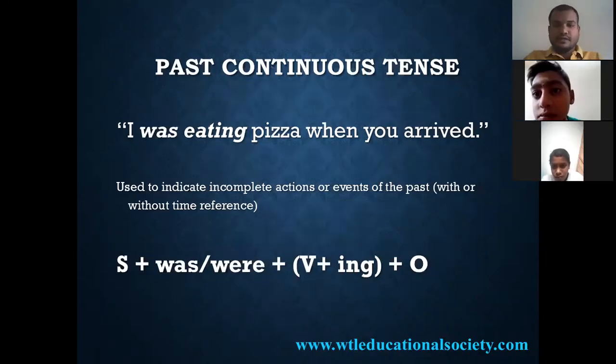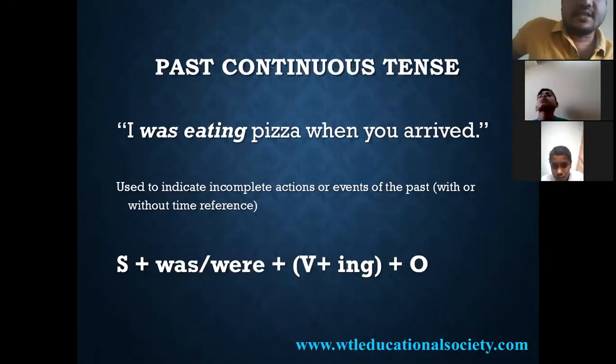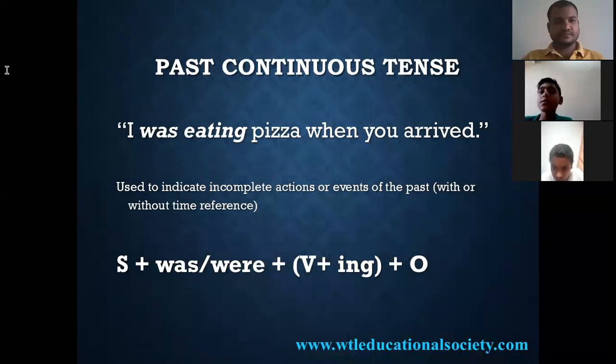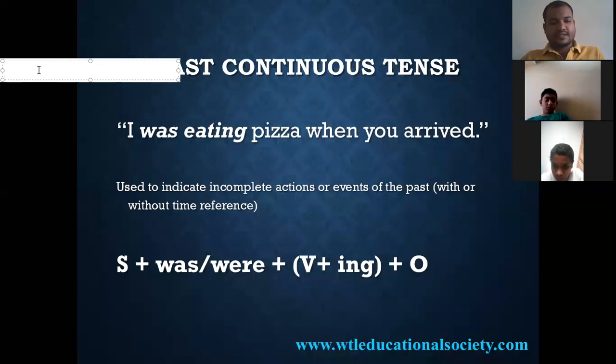All right. So in our last class, what did we discuss? We discussed all simple tenses. Correct? Yes, sir. So first, give me structures for simple tenses. What is the structure for simple present tense?